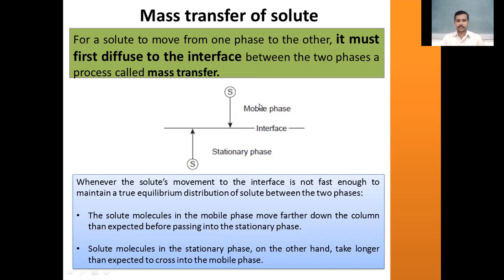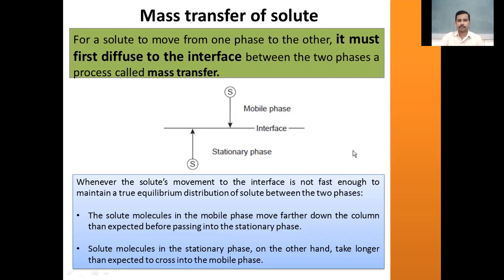That means we are anticipating the solute molecule to distribute between the stationary phase and mobile phase in equal proportions. When the solute is distributed between stationary and mobile phase in equal proportions, then only is it possible to have a band of suitable width, an ideal peak we can expect.